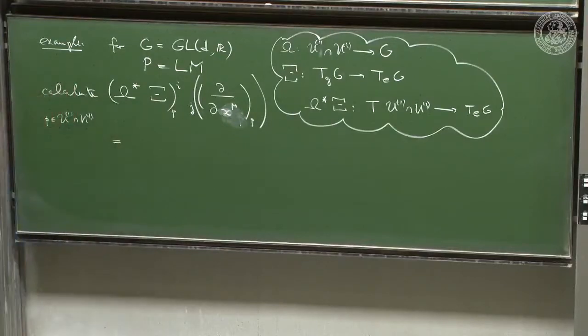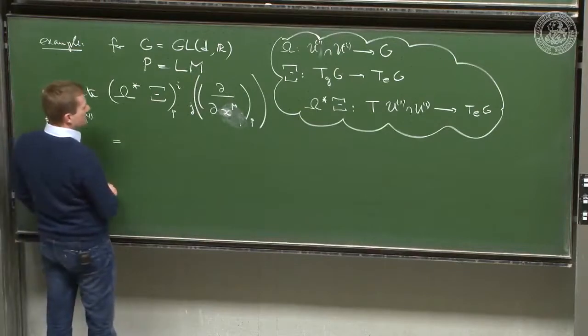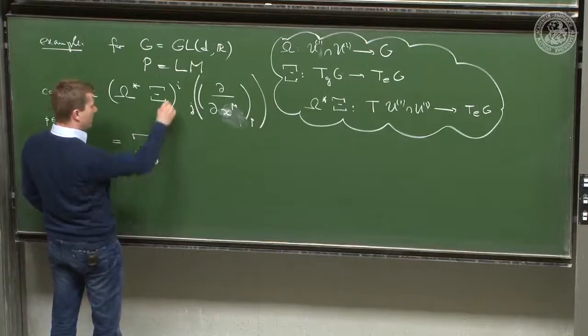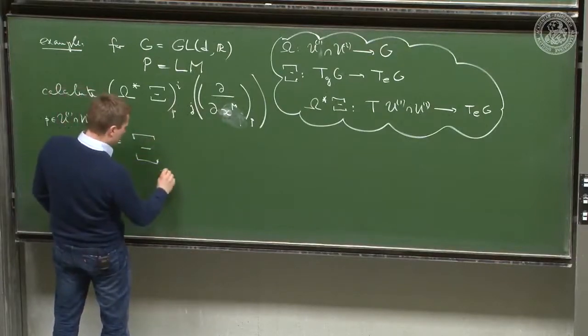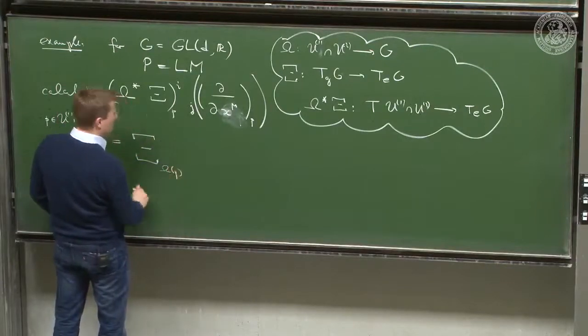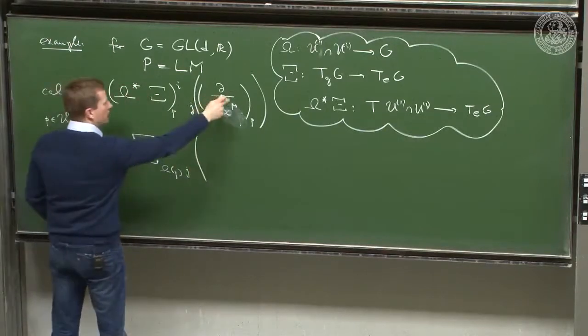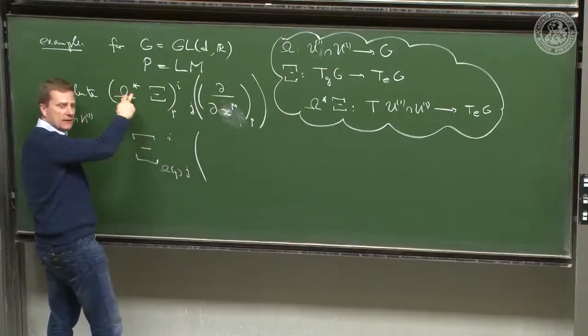Okay. So the pullback, of course, is the form here at omega of P, now ij, applied to the push forward of this guy under this guy.